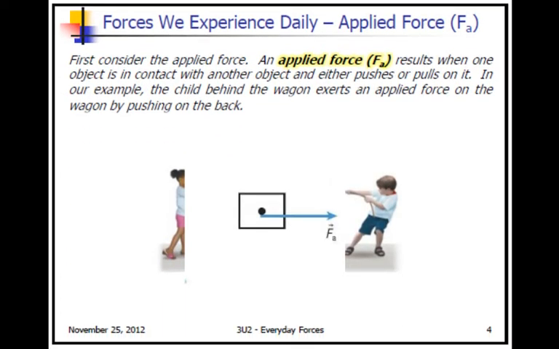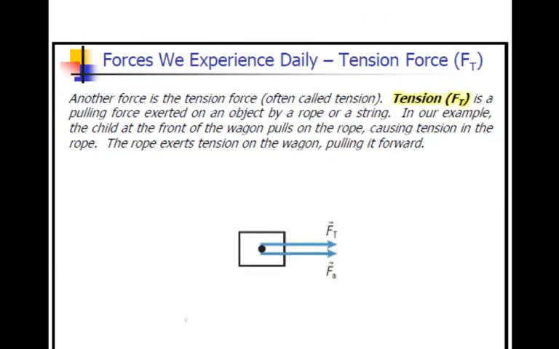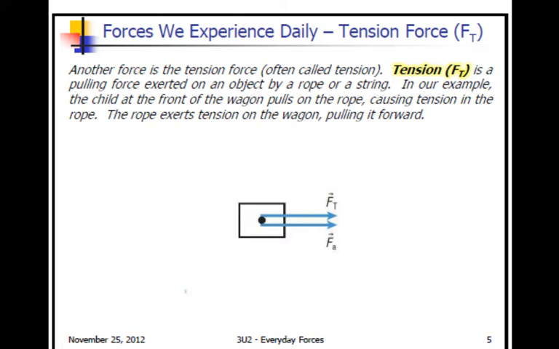So first we have the applied force. We can say the applied force here would be the pushing by the child or the pulling by the other child, or it can be a combination of those. So here our applied force is acting towards the right. Now let's say that the applied force is that child from behind who is pushing.